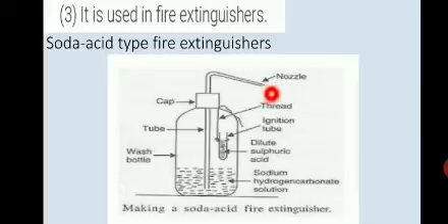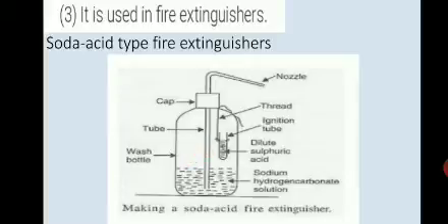And what happens here is when the knob of the fire extinguisher is pressed, the sulfuric acid mixes with the sodium hydrogen carbonate.